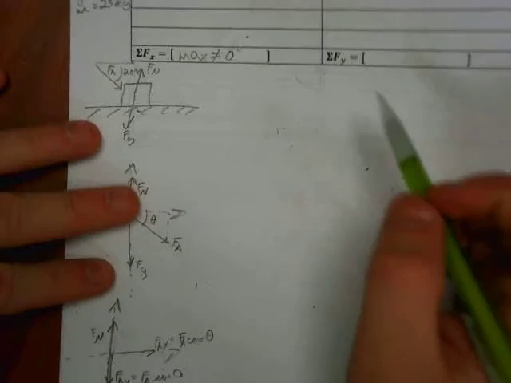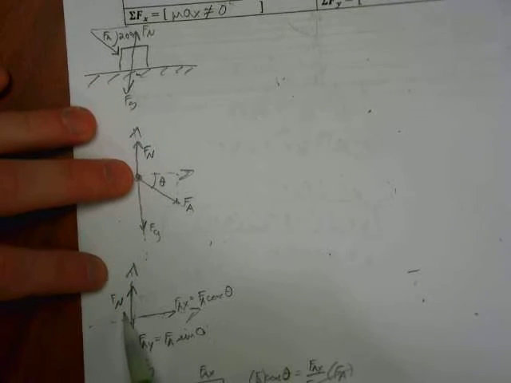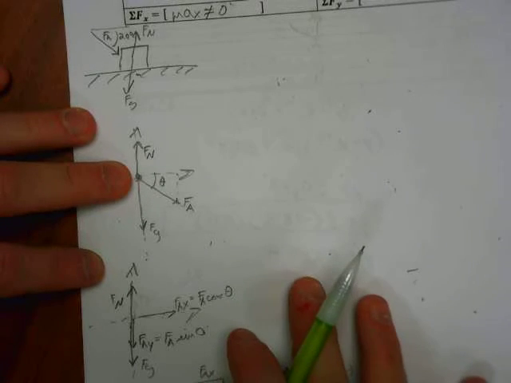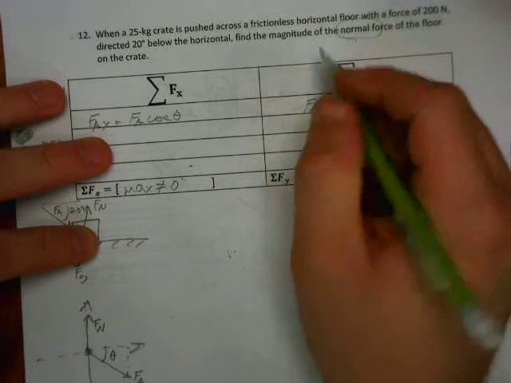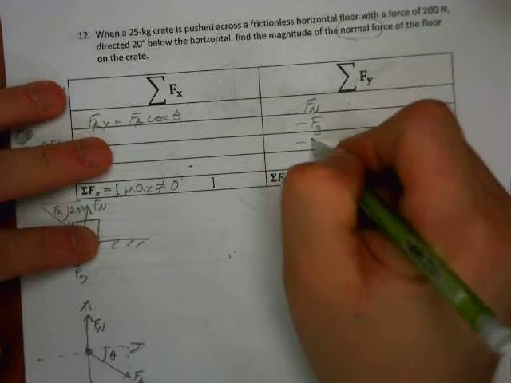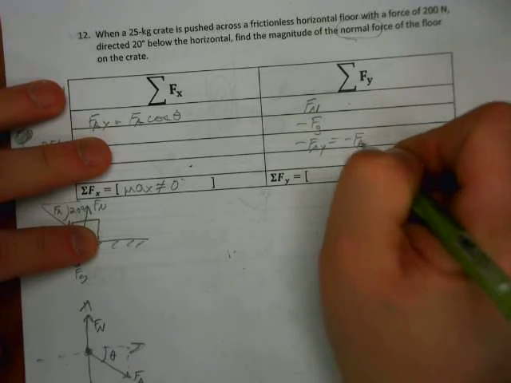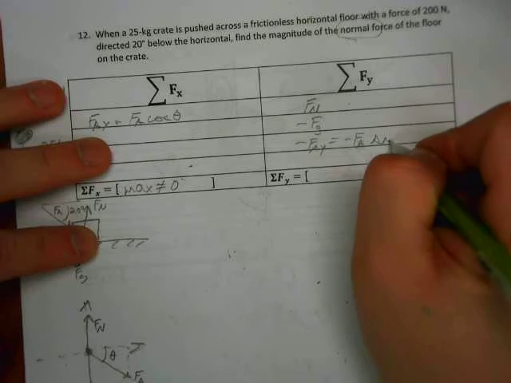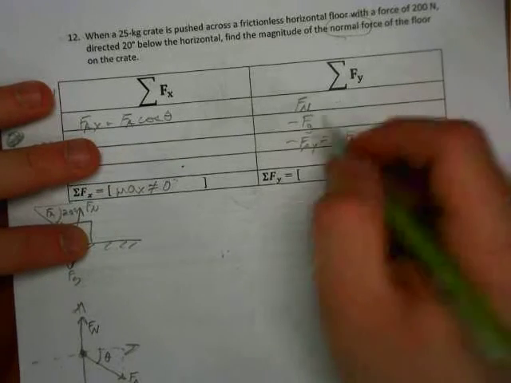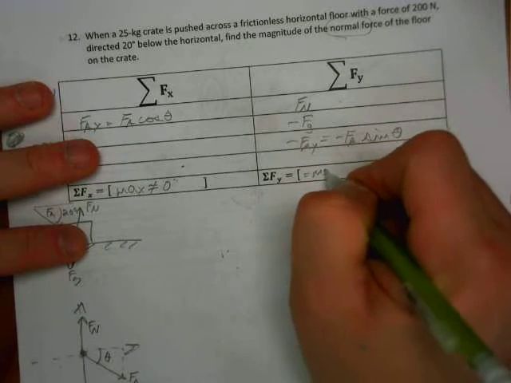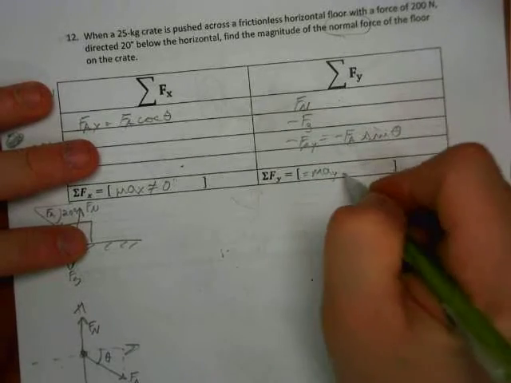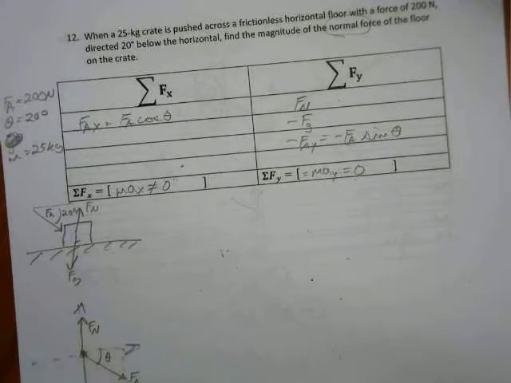So going back here and summing up our forces, I have the normal force and I have these two forces working in the opposite direction, Fg and FAY. And this equals mass times acceleration in the y direction, which does in fact have to equal 0 because the crate here is not floating or sinking.